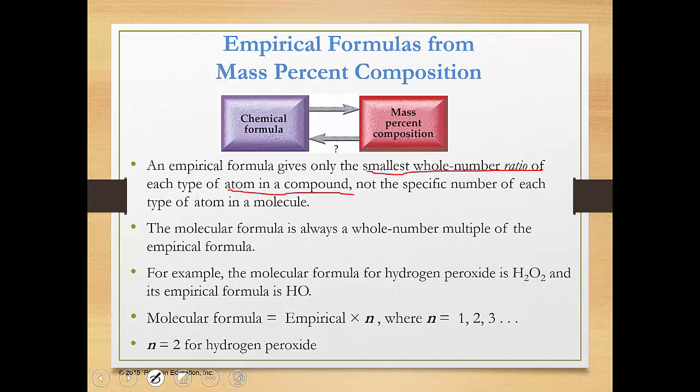Now, what's more important to us is actually the molecular formula. The molecular formula is going to be a whole number multiple of the empirical formula, but this is always going to be a whole number ratio. And that, the molecular formula, is what we truly have. Okay, so molecular formulas are real formulas.